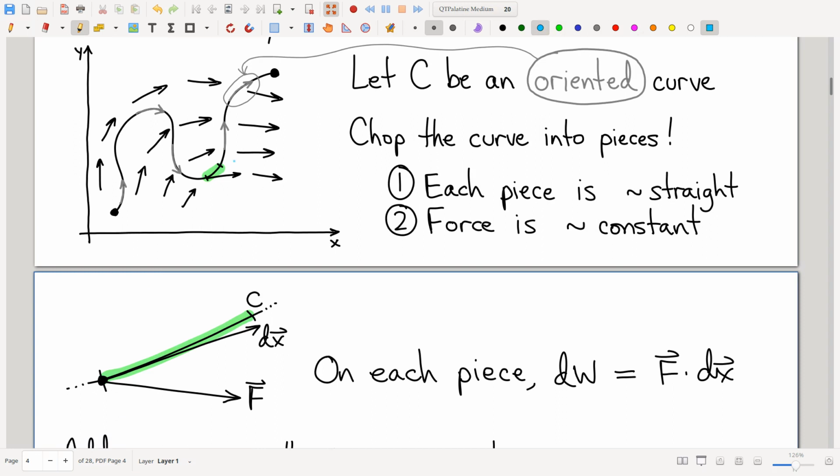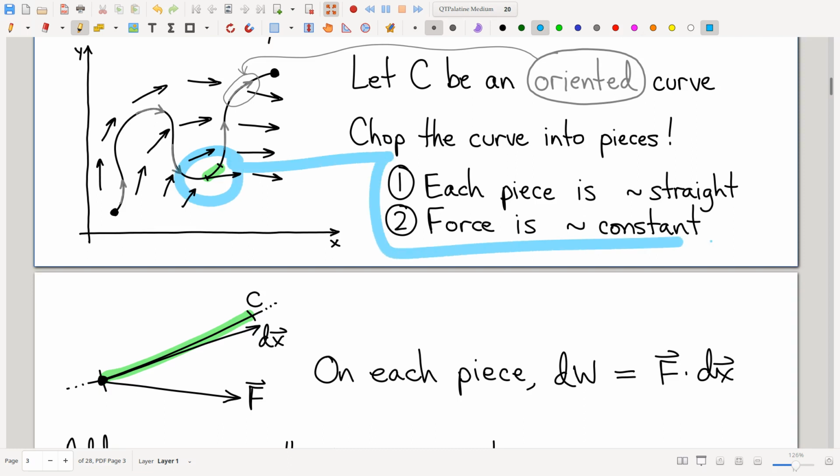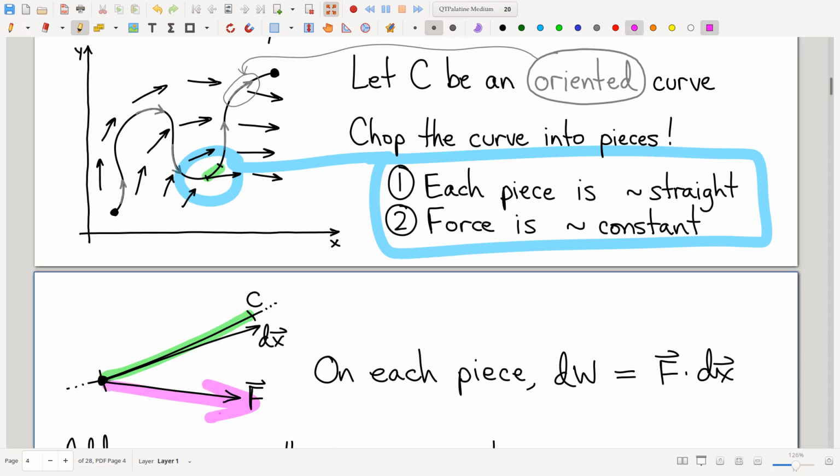Well, as previously discussed, we're basically talking about a straight movement with a constant force, and so it's just force dot displacement. Well, my force is given. F is my force. And I need to dot that with my displacement.